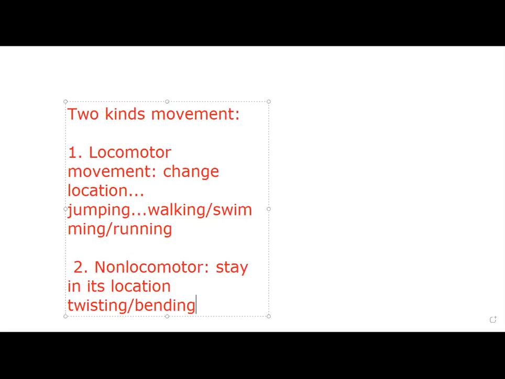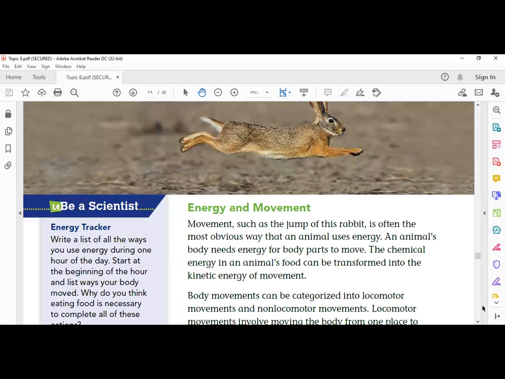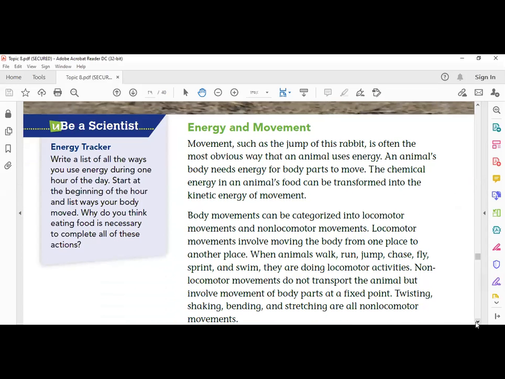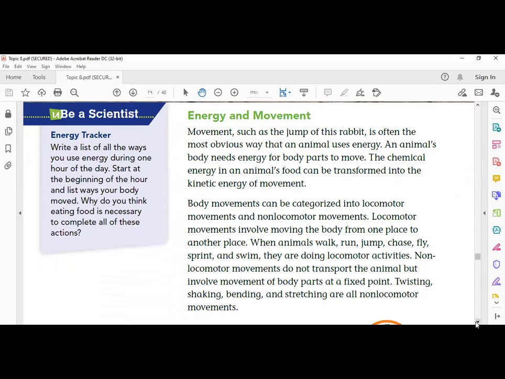Is it clear? If anyone has a question, let me read it again from the book and see if you don't understand. So body movements can be categorized or grouped into locomotor movement, this is the first one, and non-locomotor movement, this is the second.